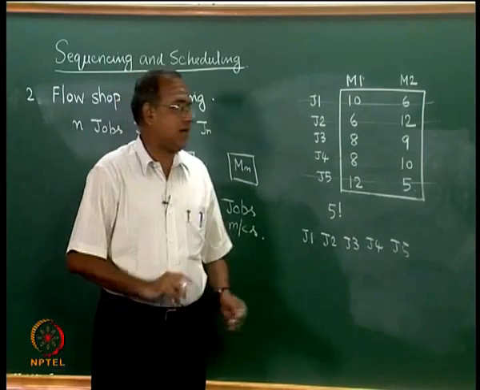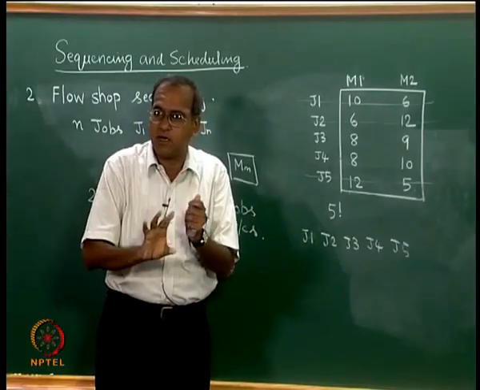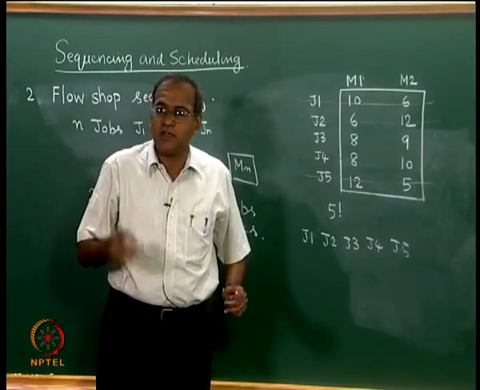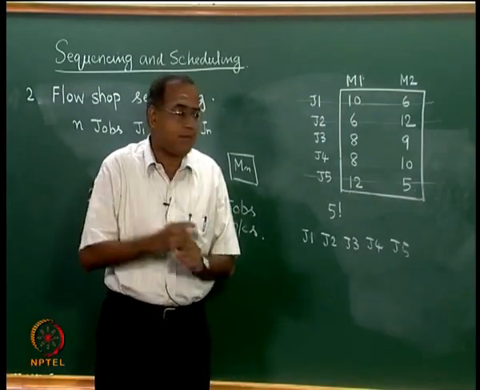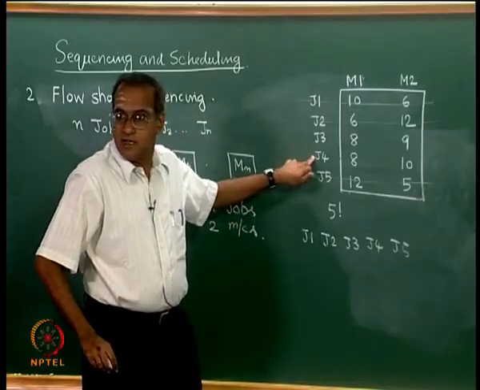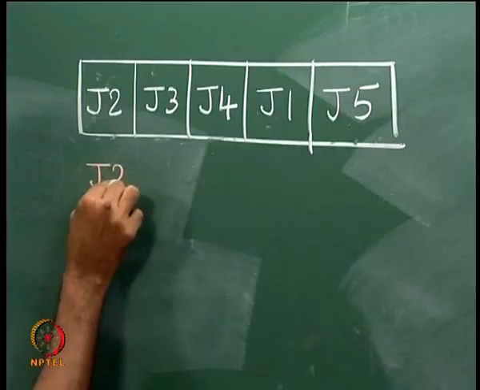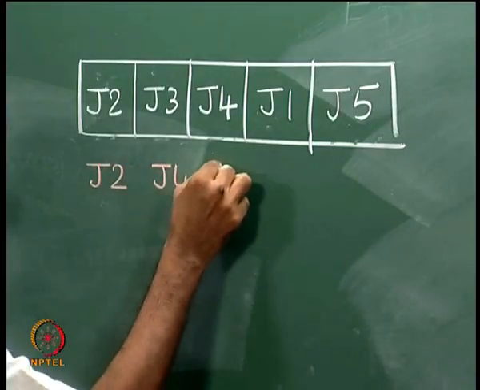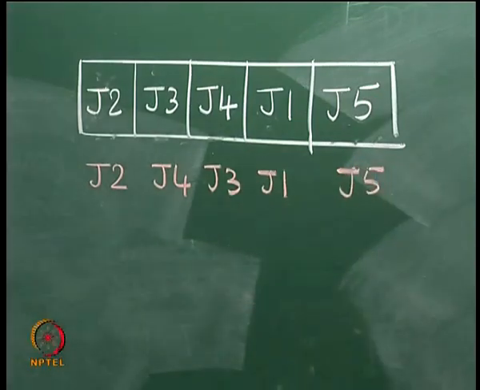Now we had a tie between J3 and J4, both of them had the smallest number and it was on M1. We resolved the tie by taking J3 first. What would have happened if we had taken J4 first? We would have got the sequence J2, J4, J3, J1 and J5.